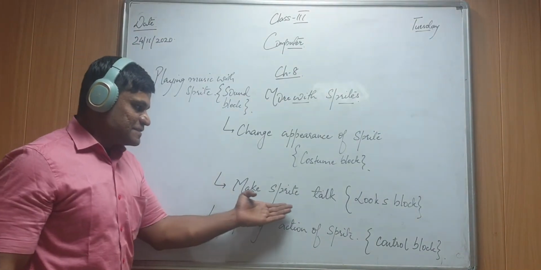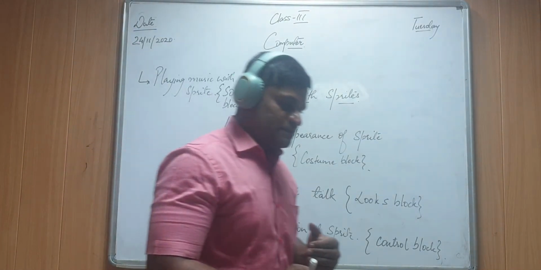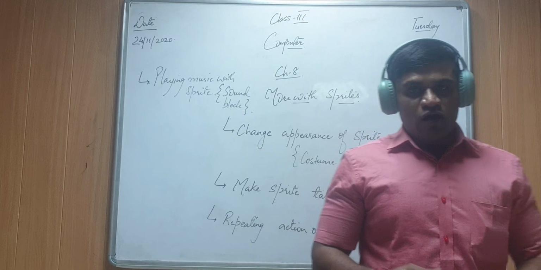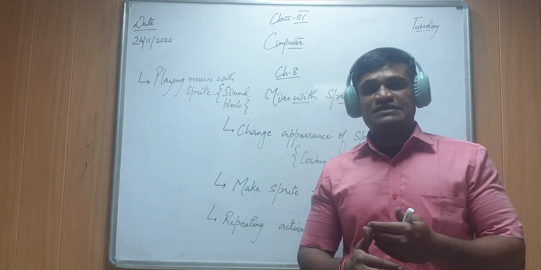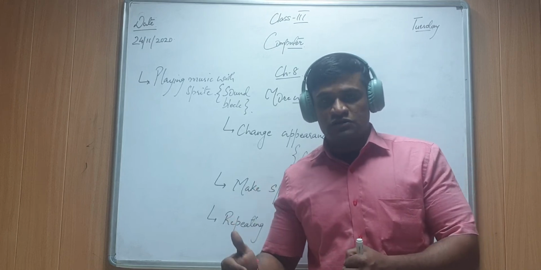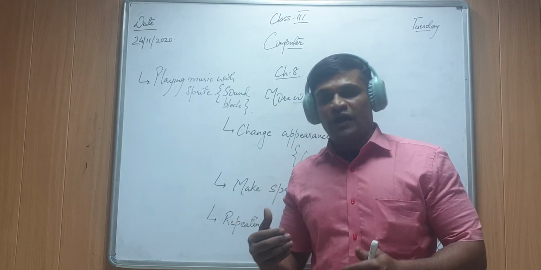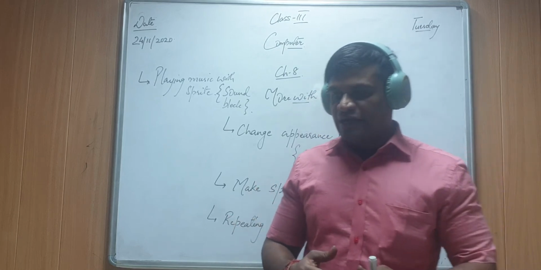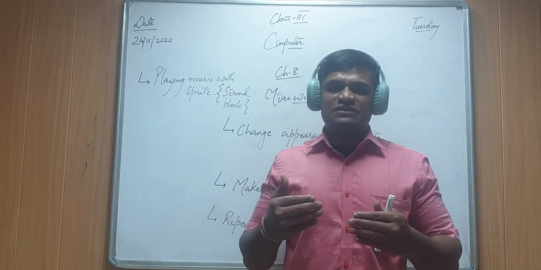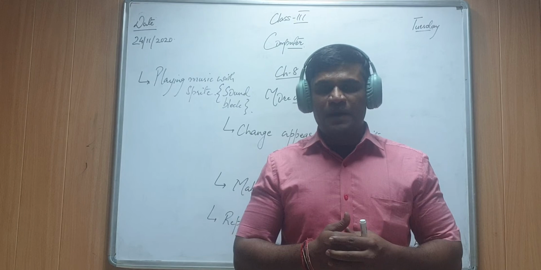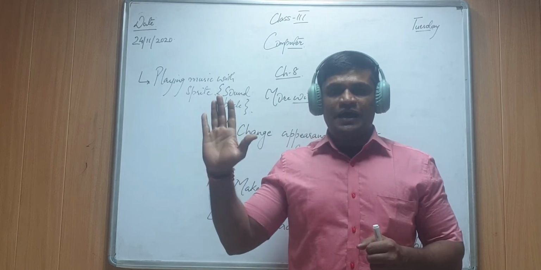Second, make the sprite talk, that is on occurring of a certain action, the sprite is able to express dialogues. For example, as soon as the program starts, the sprite comes on the background, and it should say hi.